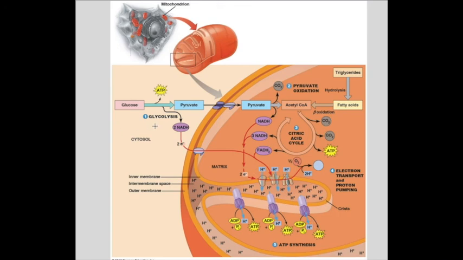So there you go. We have glycolysis, pyruvate oxidation, the citric acid cycle, the electron transport chain that involves a lot of proton pumping, and then of course the ATP synthesis through these ATP synthases, where protons flow down their concentration gradient from an area of high concentration to an area of low concentration.